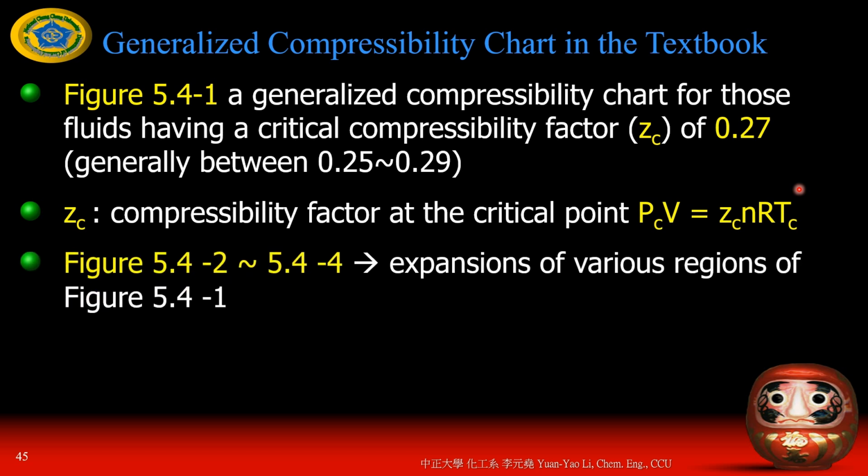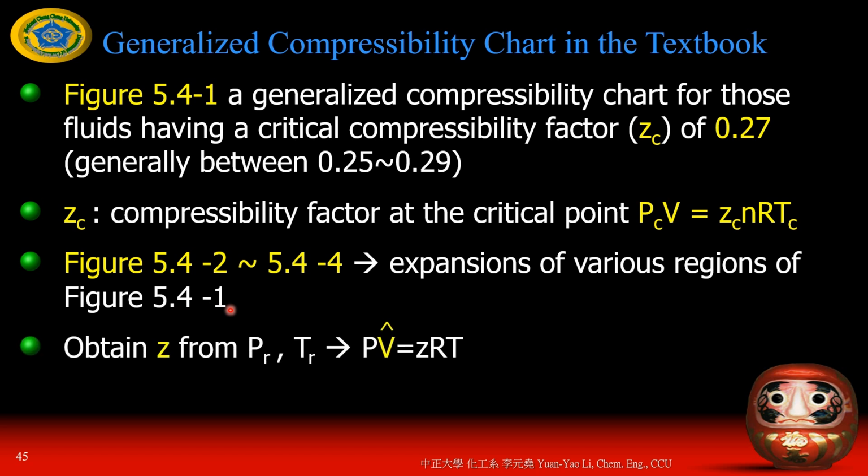In your textbook, there are some more charts, 5.4-2 to 5.4-4. These three figures are expansions of 5.4-1. You just make the 5.4-1 figure larger and zoom in to some special zone. I will show you the case very soon. So obtain Z from PR and TR, and you get V over carat.